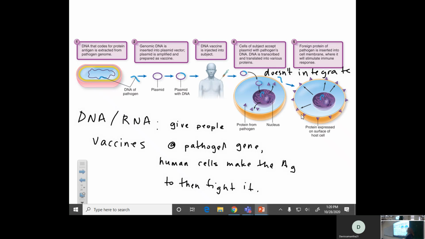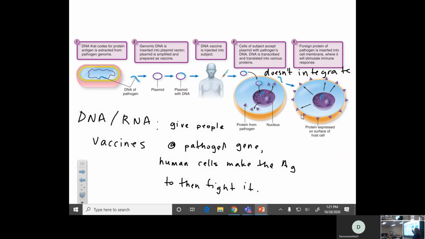Oh, in our bodies, because of 98 degrees. DNA is not as stable as a protein. Even in a tube, purified, if it's at room temperature, it's not going to last. It's quite flimsy and short-lived.